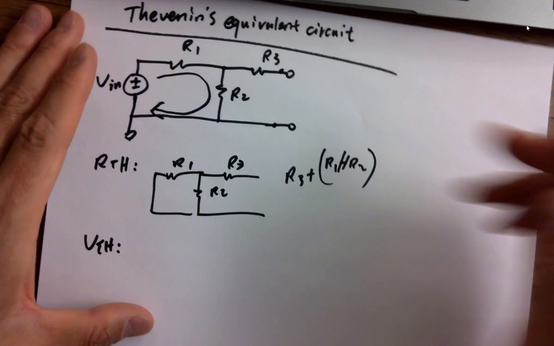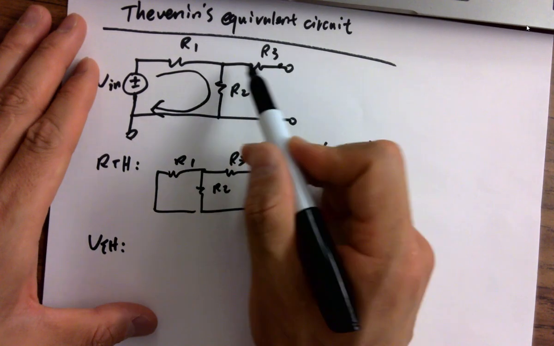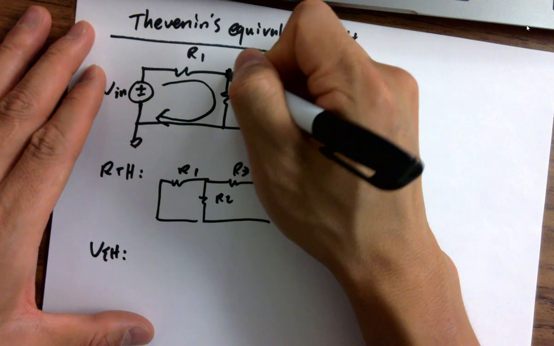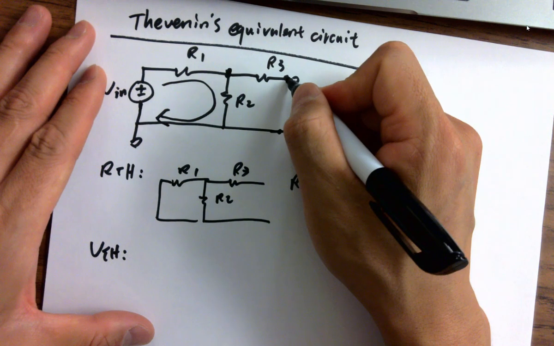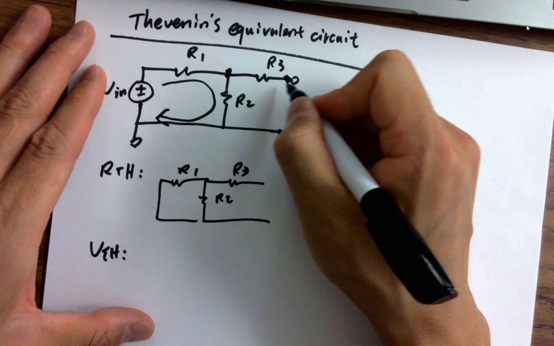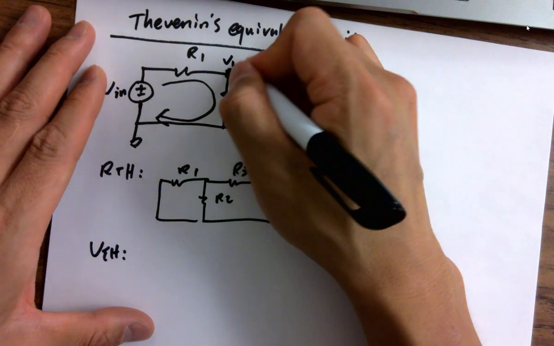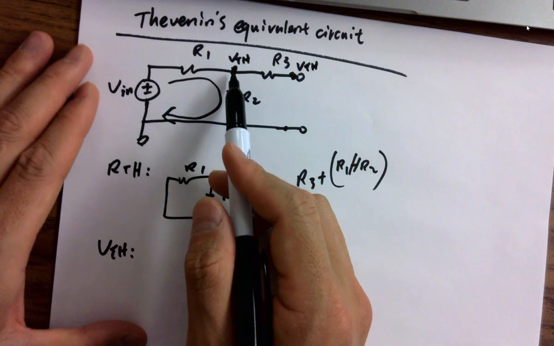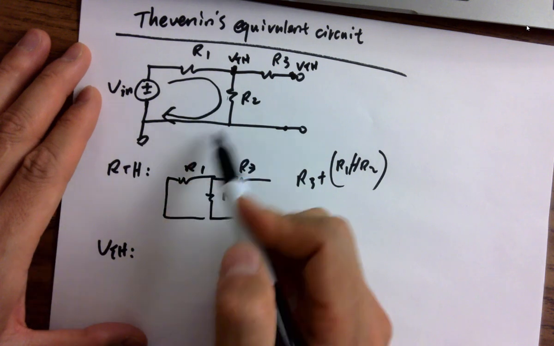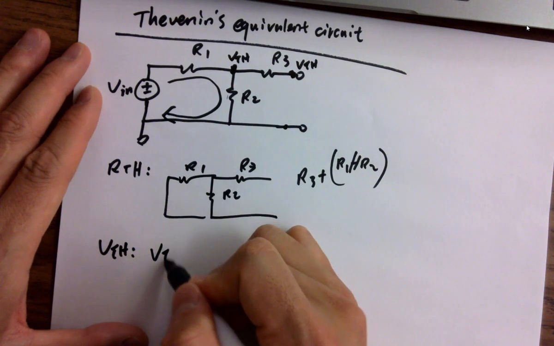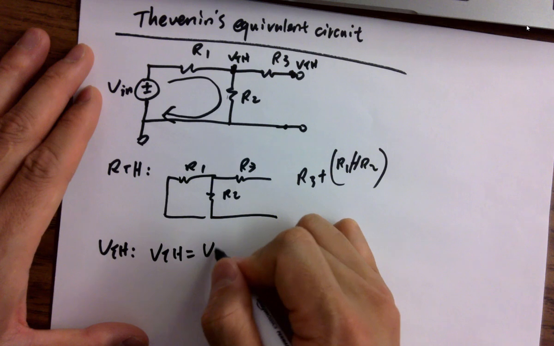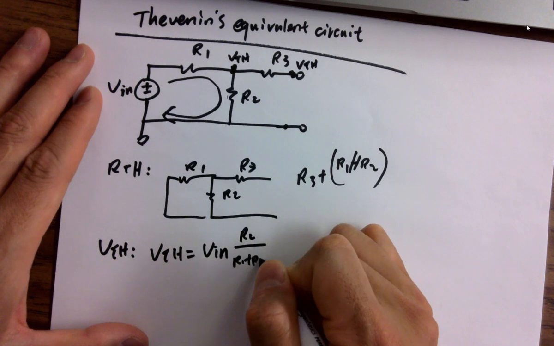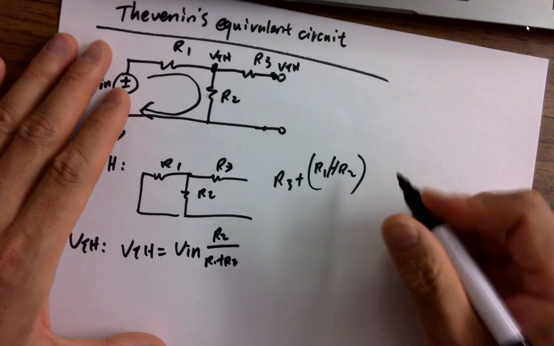There's no current running through this branch because it's disconnected, so the voltage here will be the same as the voltage at this point. Because there's no current, there's no voltage drop. So you just need to get the voltage here, and this is the voltage divider. VTH equals Vin times R2 over R1 plus R2. How do we get this voltage divider equation?